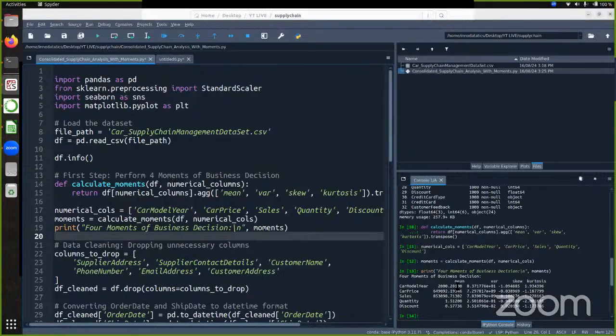Then we have car price. What is the average price of the car? And then what is the average sale price of that car? These are the different aspects that we are looking at.